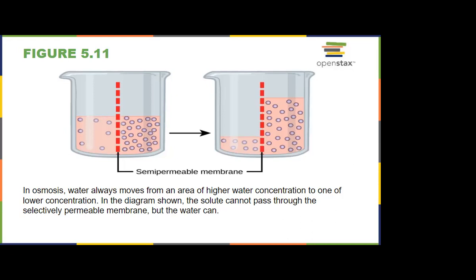It only goes in one direction, but it can go through the pore to either side. So just looking at this illustration, where will solute want to go? From right to left or left to right? From right to left, from high concentration to low concentration, we call that diffusion. Well, where will water want to osmose?